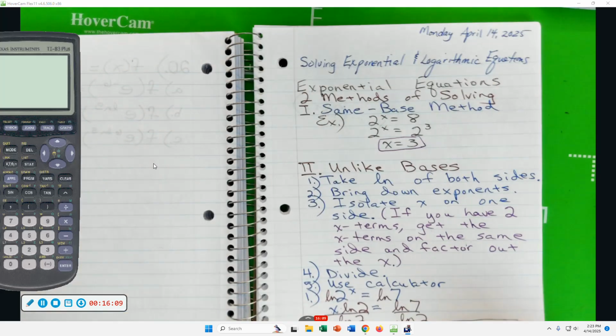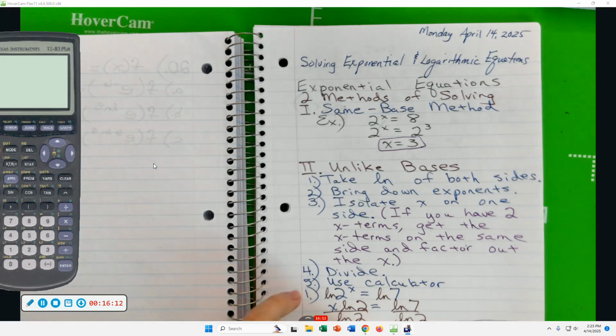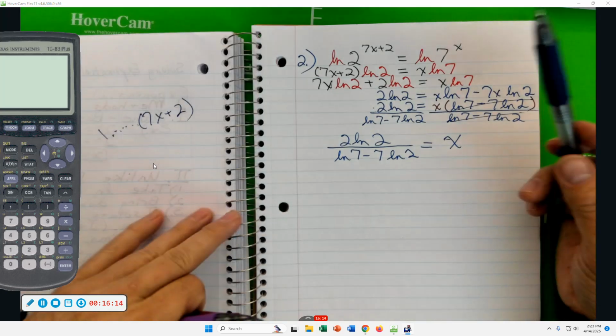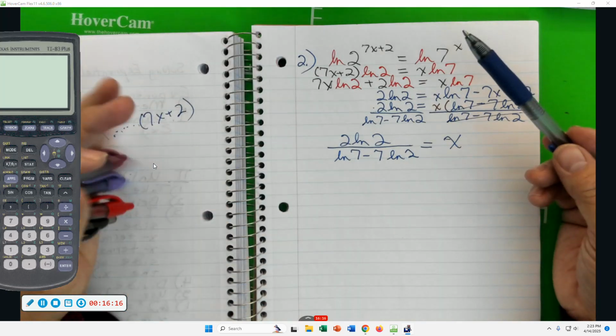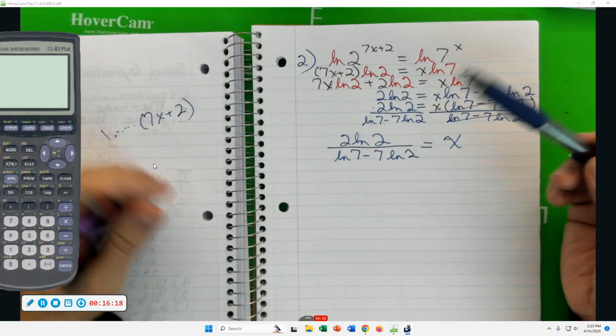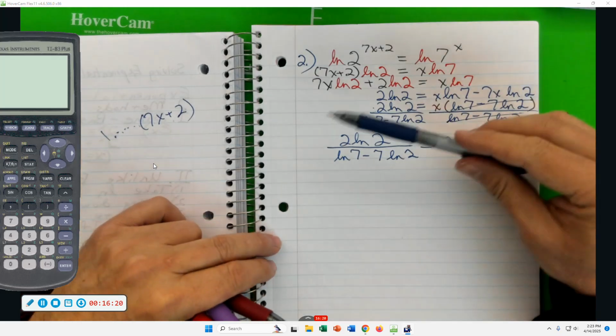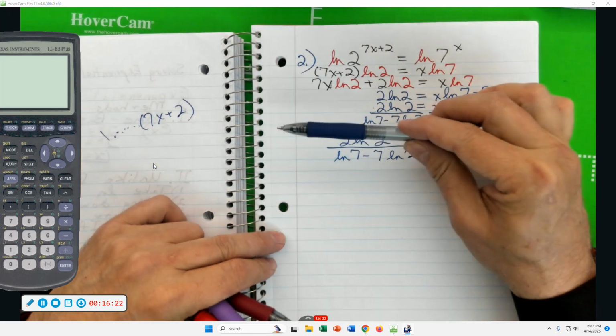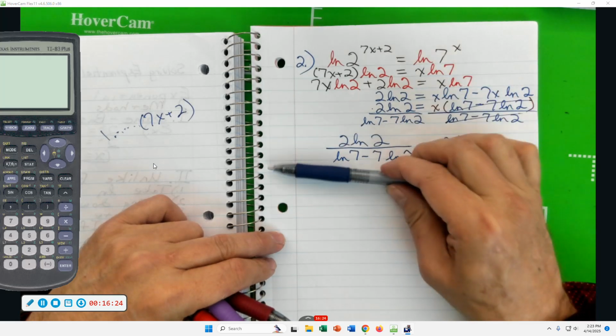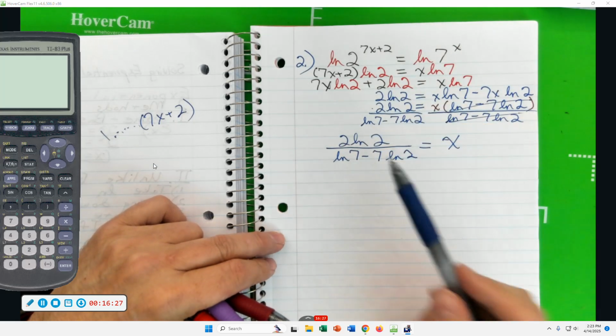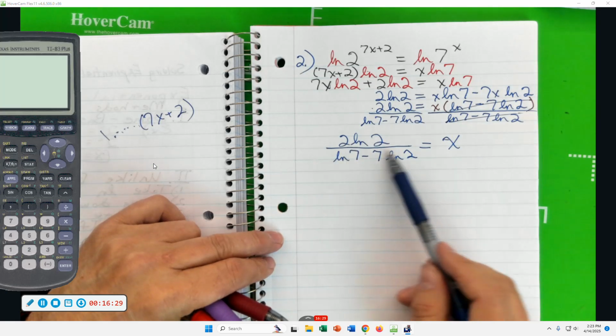And notice the fifth step, we have to use our calculator. You need to make sure that your calculator does what you want it to do. With these messy calculations, you want it to simplify the numerator, simplify the denominator, and the last operation is that division.